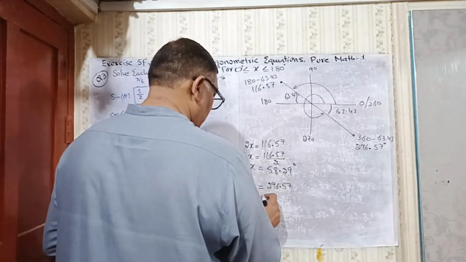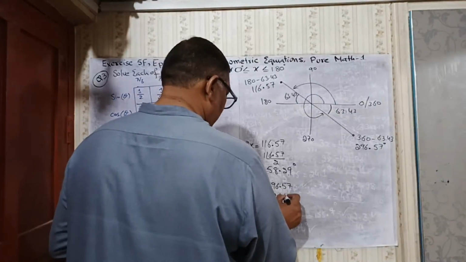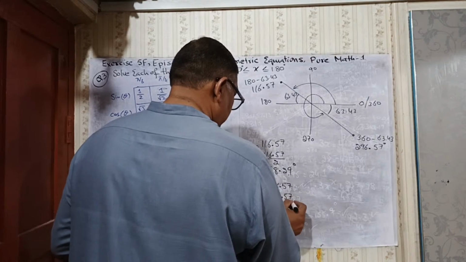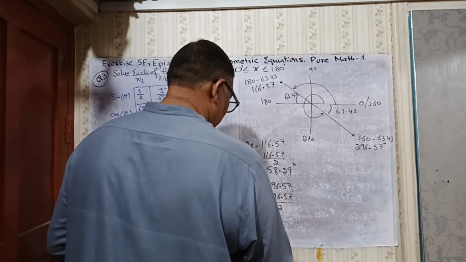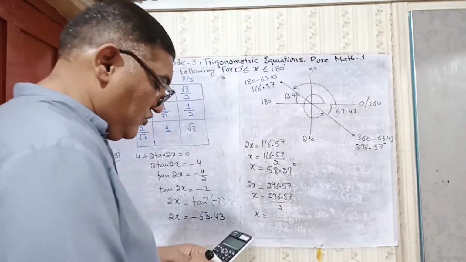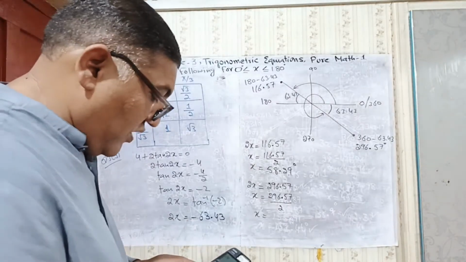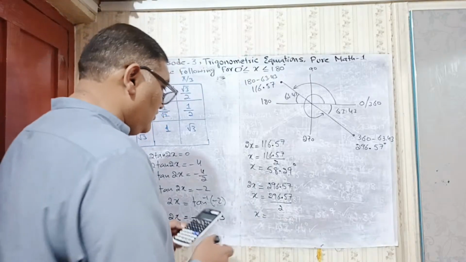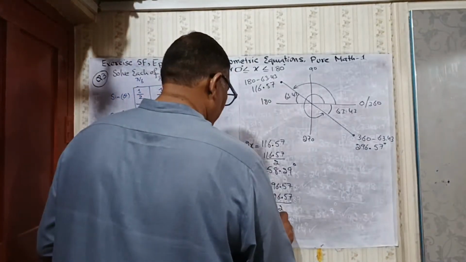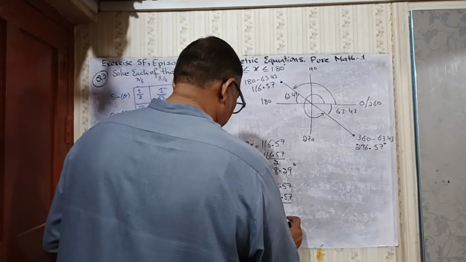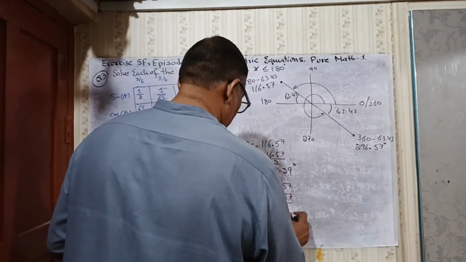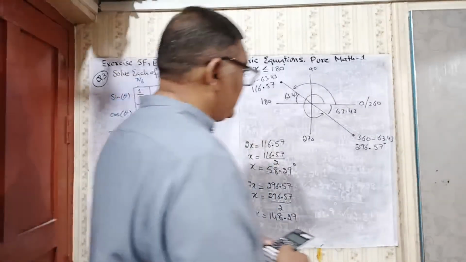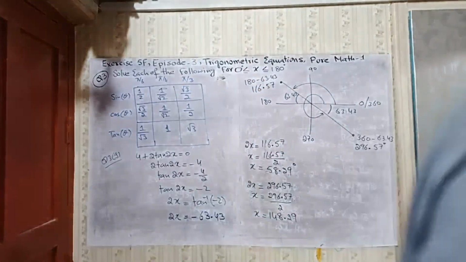So x will be equal to 296.57 divided by 2, which is 148.29. So these are the two answers which we are getting.